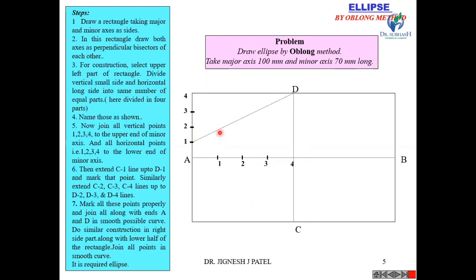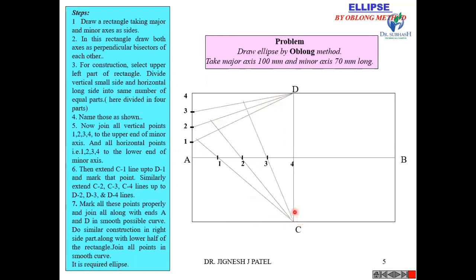Now join 1D, 2D, 3D; 4D is already joined. Now join C1 and extend this line up to 1D. Similarly, join C2 and extend it up to 2D.